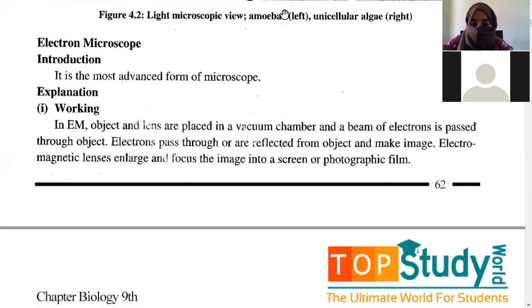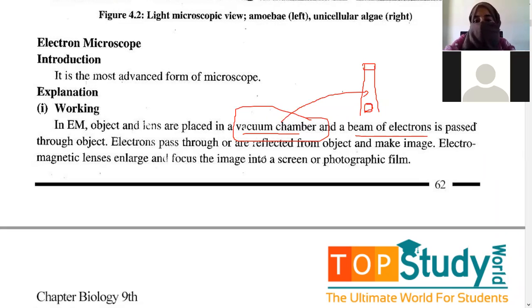Here they explain the structure of the microscope, how it looks. In the EM, the object and lenses are placed in a vacuum chamber. A vacuum chamber is a chamber where no air is present, with a beam of electrons in a tube, in which the specimen, the thing we want to see in the microscope, and the lenses are also present inside the vacuum tube. This is called a vacuum chamber.